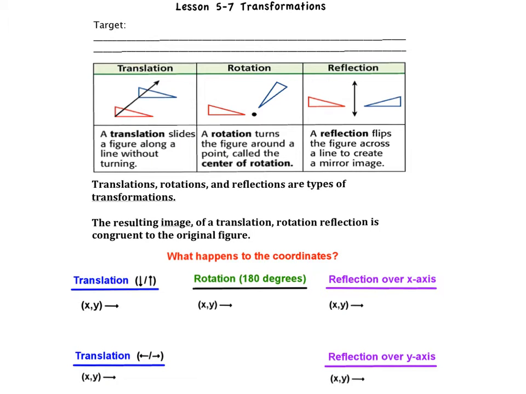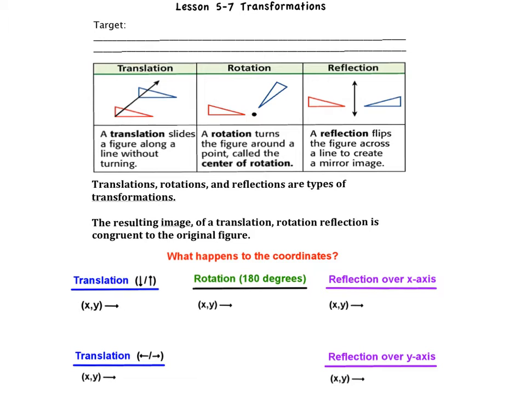So the first one we're going to look at is a translation, which is just a fancy way of saying a slide. So it's a slide without it turning. The second transformation is a rotation, and that is a turn. It can rotate around a point called the center of rotation.